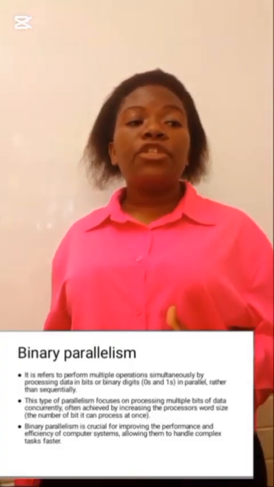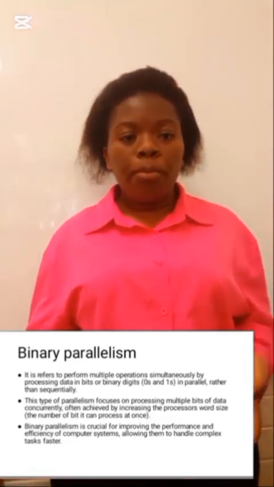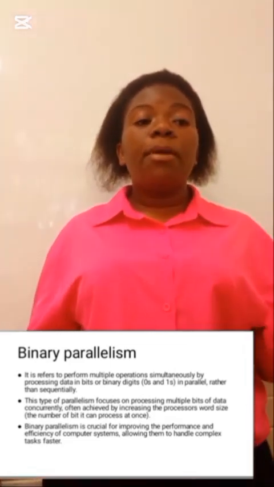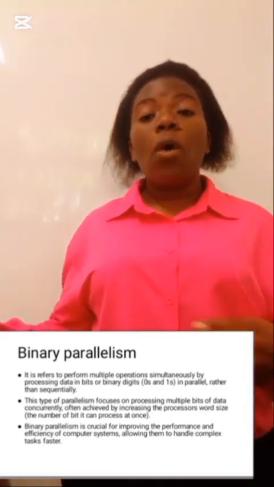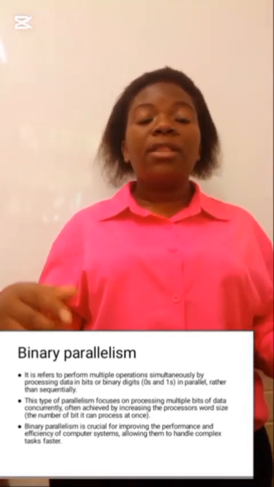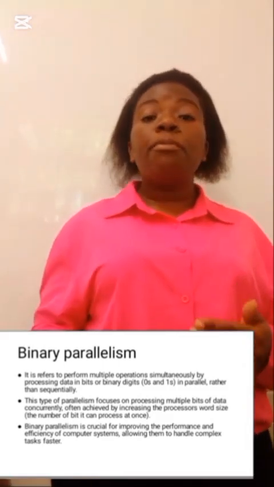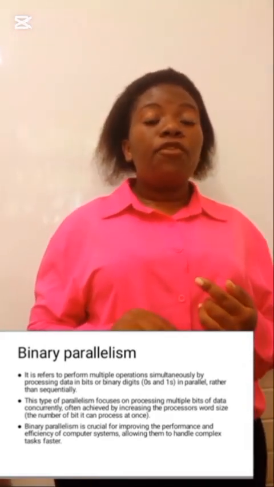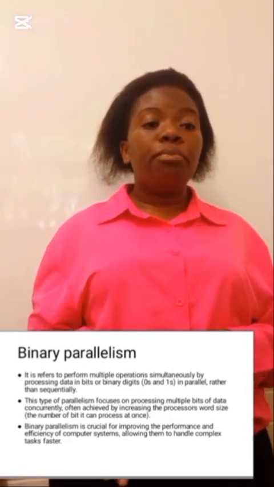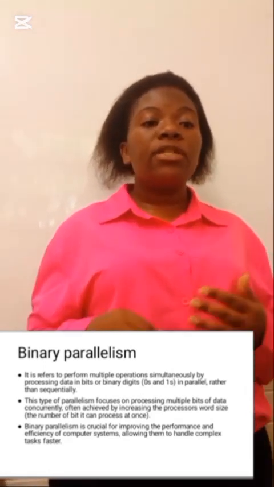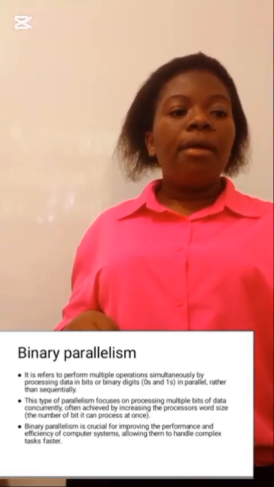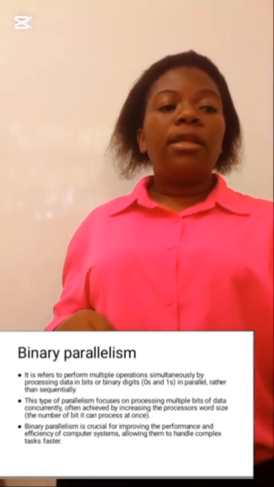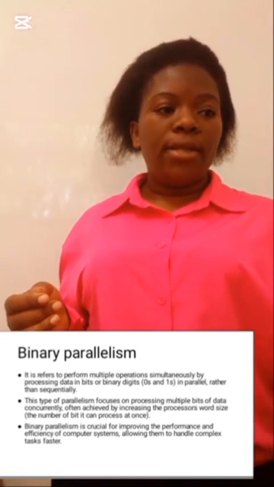First, bit-level parallelism. It refers to performing multiple operations simultaneously by processing data in bits or binary digits. The binary digits are ones and zeros, processed in parallel rather than sequentially. This type of parallelism focuses on processing multiple bits of data concurrently, often achieved by increasing the processor word size, the number of bits it can process at once.